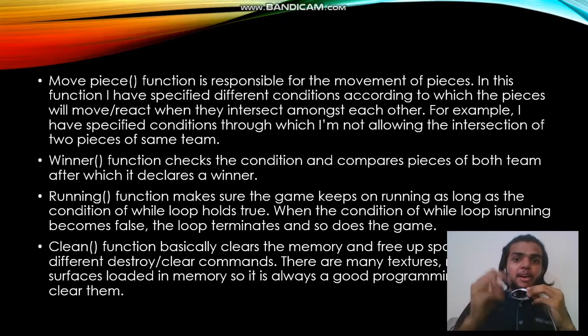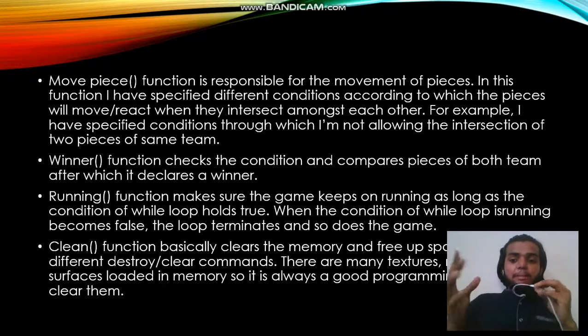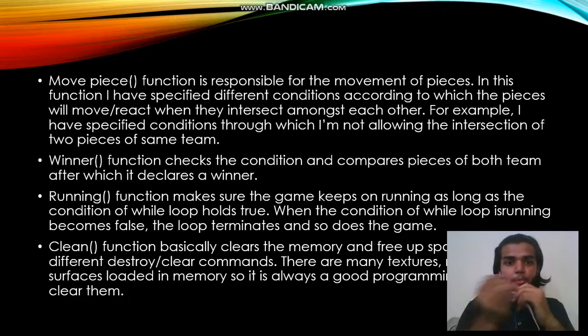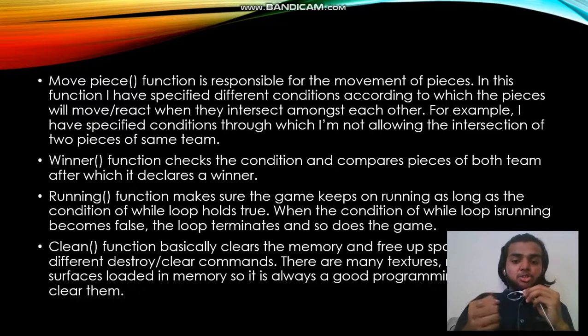I have implemented a condition which prevents this. The winner function checks the condition and compares pieces of both teams, after which it declares a winner, either player 1 or player 2. The running function makes sure the game keeps on running as long as the condition of the while loop holds true. As soon as the condition becomes false, the loop terminates and so does the game.